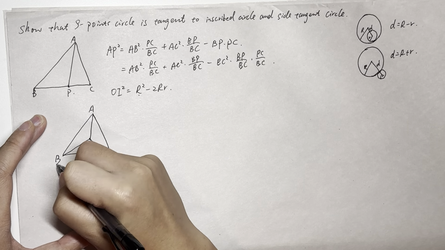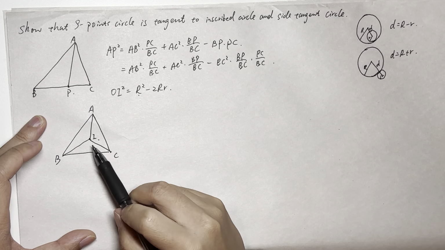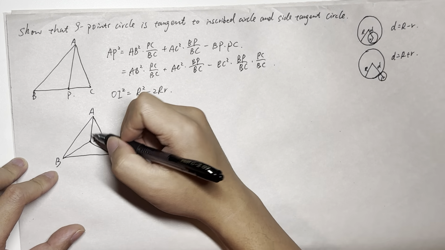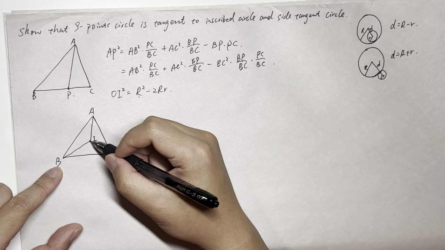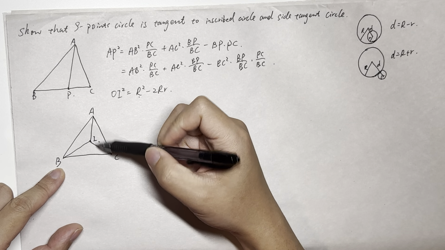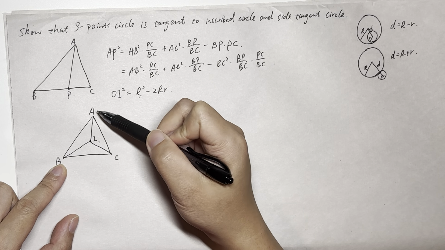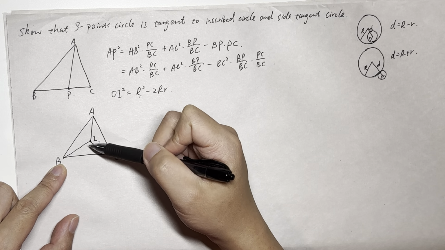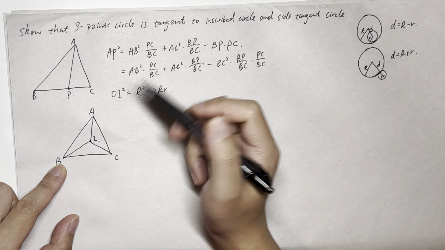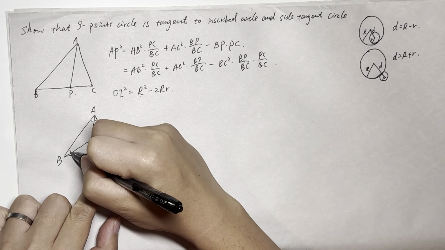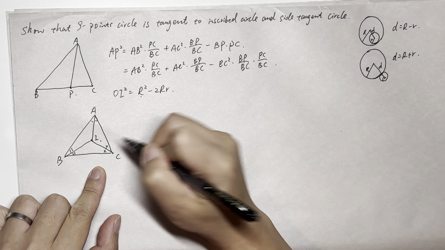This is A, B, C. We have the inscribed circle center I. All right, how to get this inscribed circle center I? We just find the intersection point of angle bisectors, right? Angle bisector lines. So this equals this one, this equals this one, this equals this one.